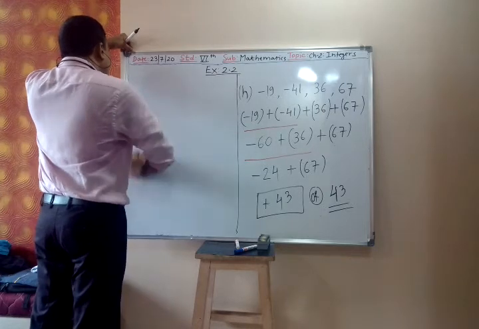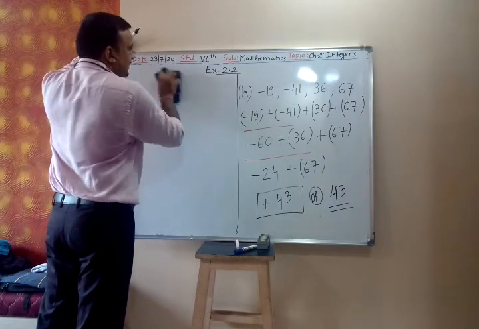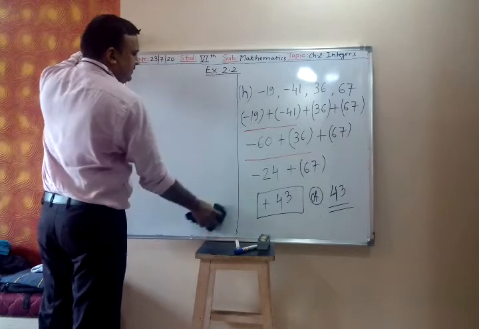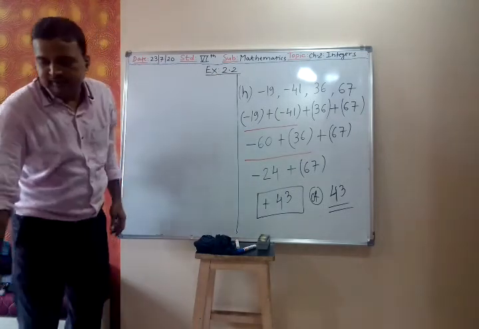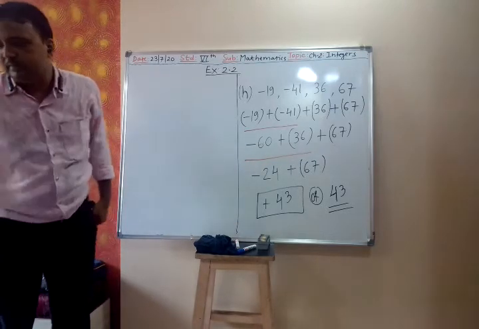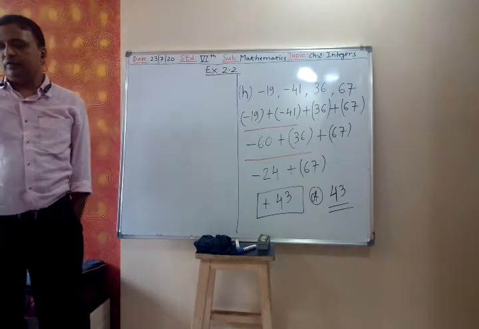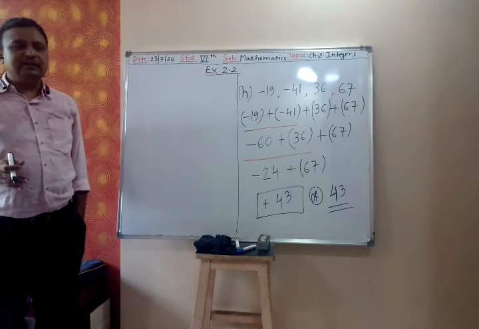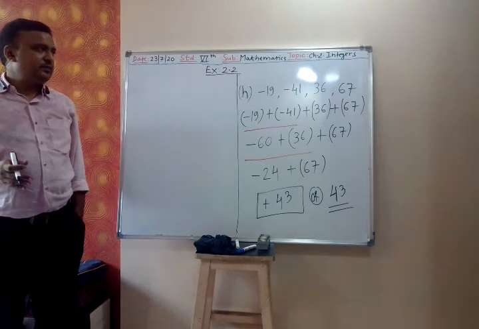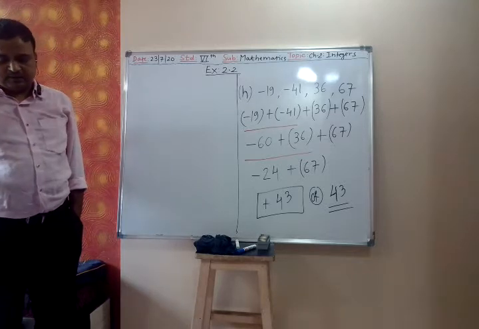You have to add the numbers and take the common sign. If it is minus minus, the common sign will be minus, add the numbers. If it is plus plus, add the numbers, take the common sign plus. But whenever they have opposite signs, plus minus or minus plus, we subtract the numbers. We subtract the smaller number from the bigger number.